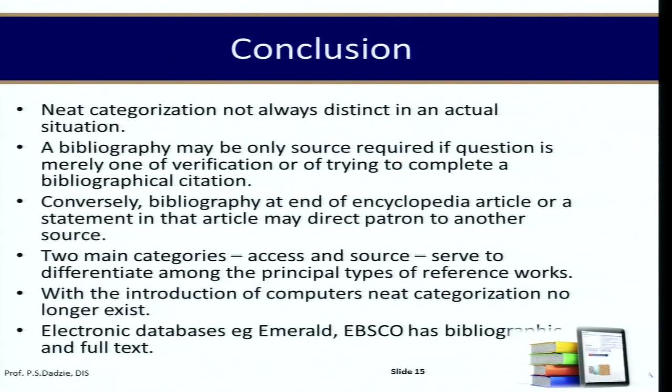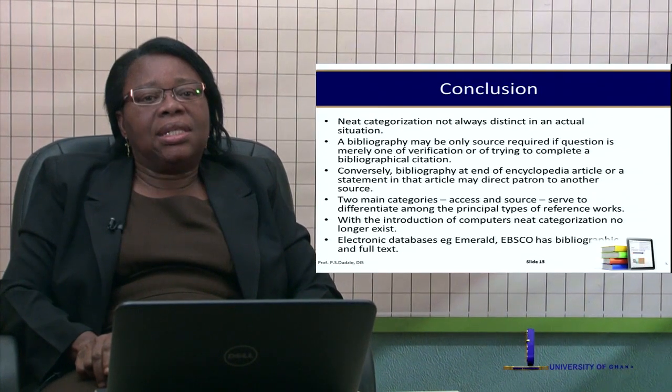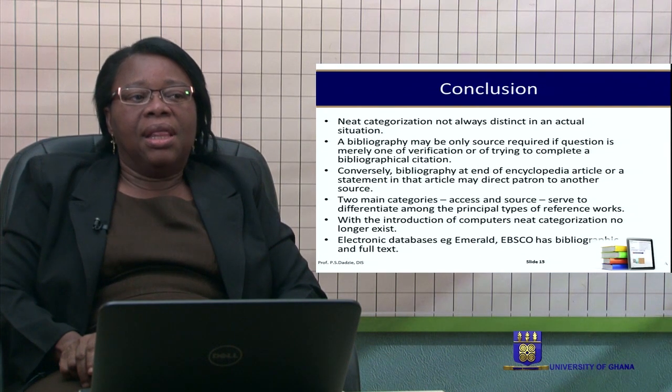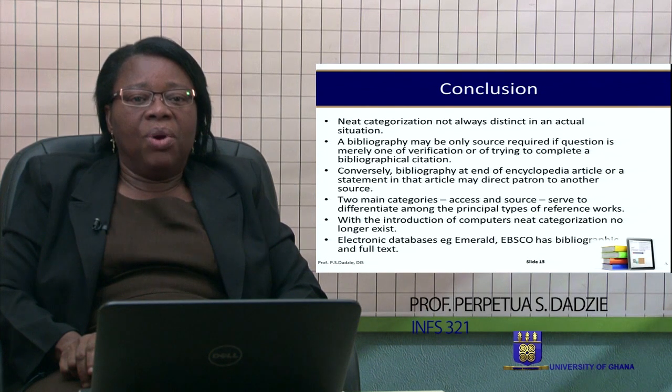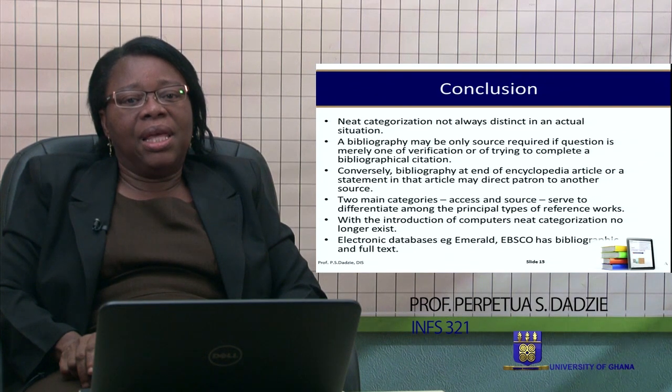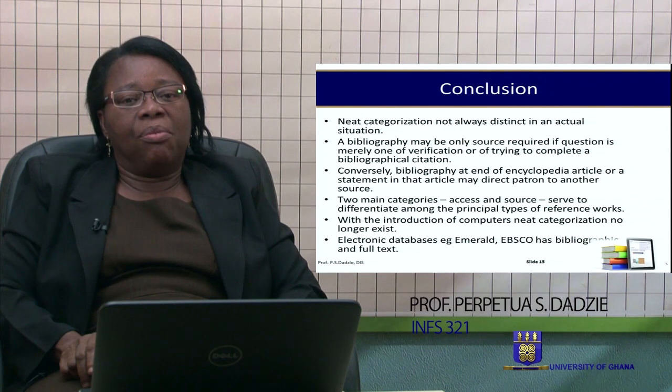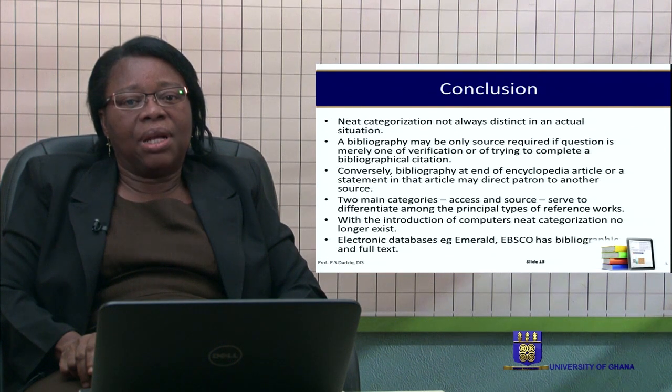Now, when it comes to source types, I say source types provide the information themselves. But imagine somebody who is using an encyclopedia and sees that there are additional references, and so he needs to consult the other additional references for information. This encyclopedia will only list the references, will only point to the references, and the user will need to go somewhere else to get the other information listed at the end of the encyclopedia.